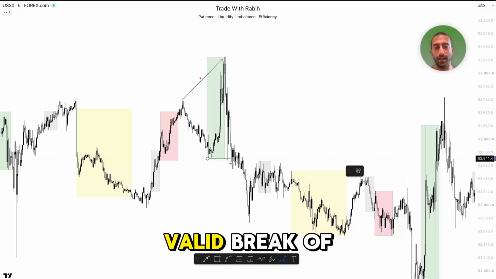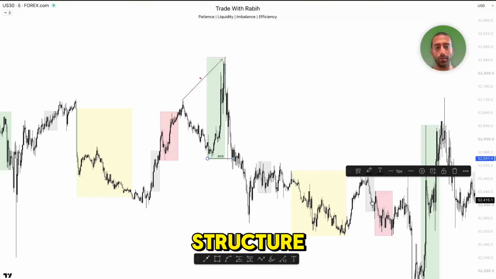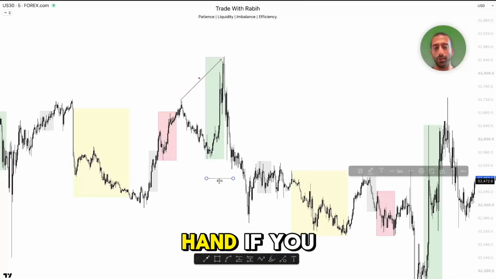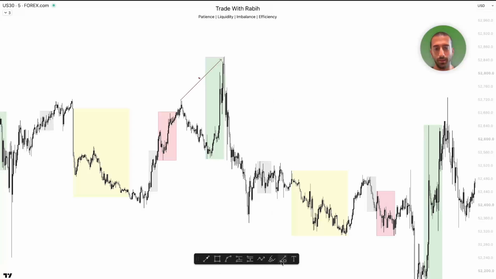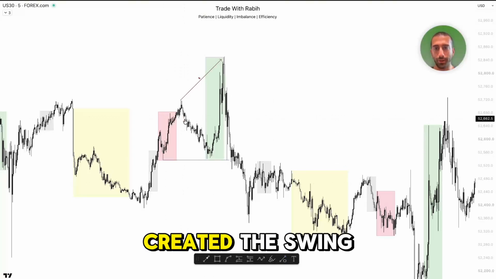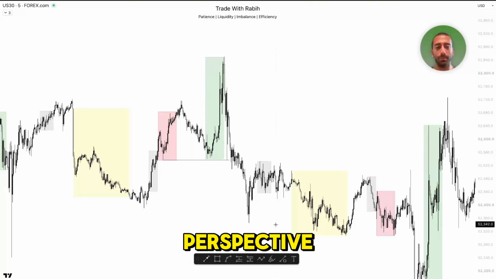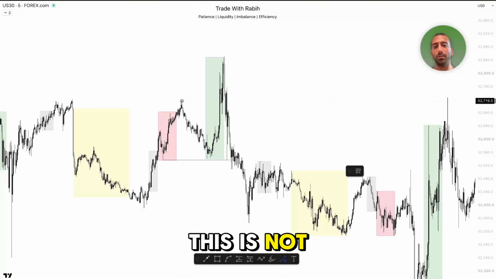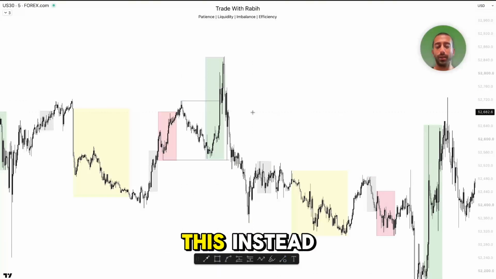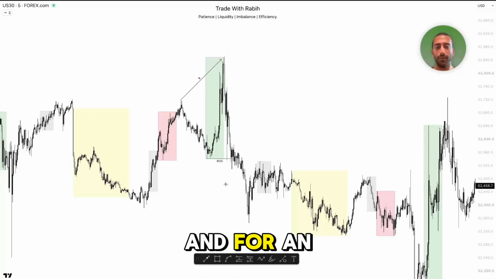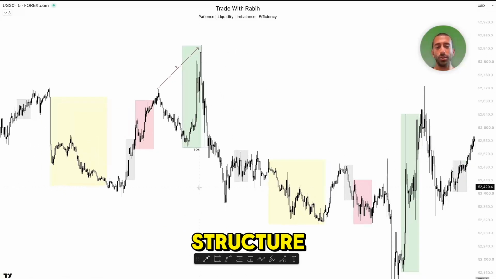This is a valid break of structure, bearish break of structure, sorry. Okay? This one, on the other hand, if you pay close attention, you see this? So when price created the swing low, it failed to take this, which means that from a bullish perspective, this is not a break of structure. You don't mark this. Instead, we waited for the liquidity sweep and for an actual break of structure.